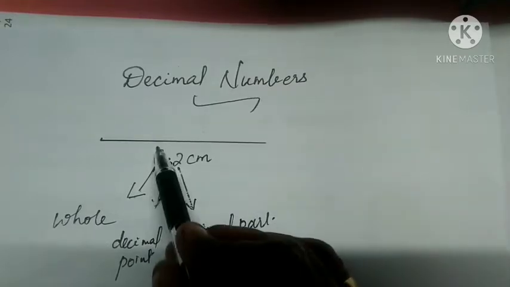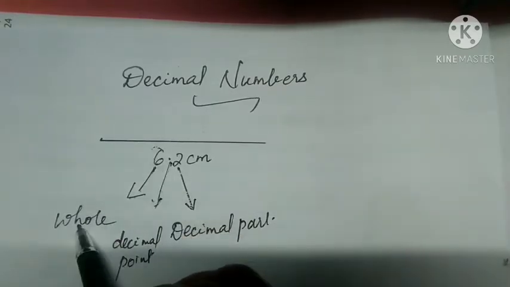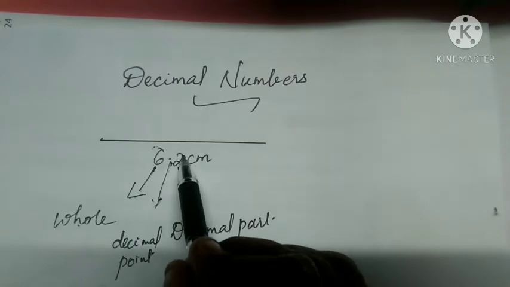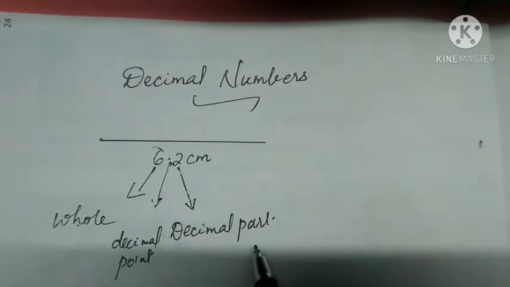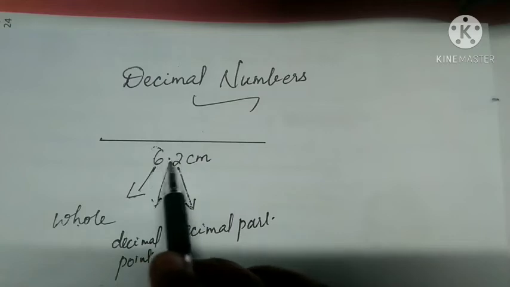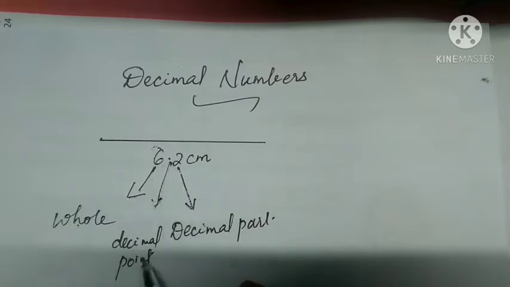Understand? This is the whole number part and the right side is the decimal part. In between these two parts there is a separation, a small dot. That dot is known as the decimal point.